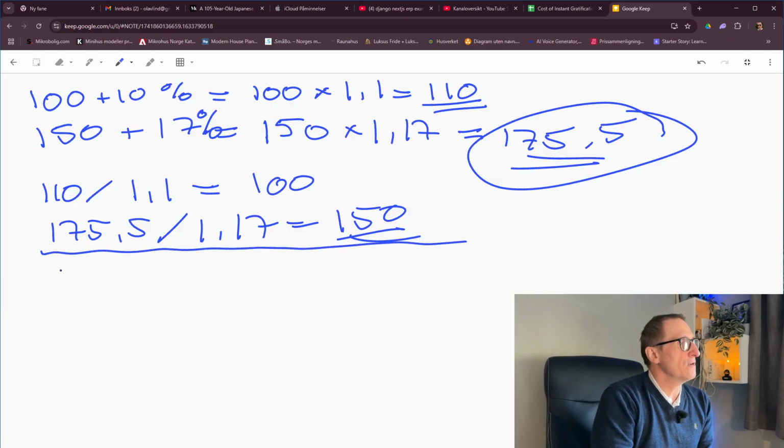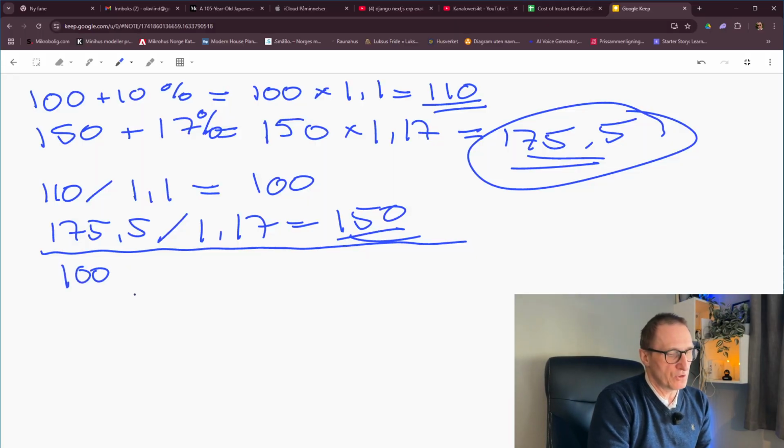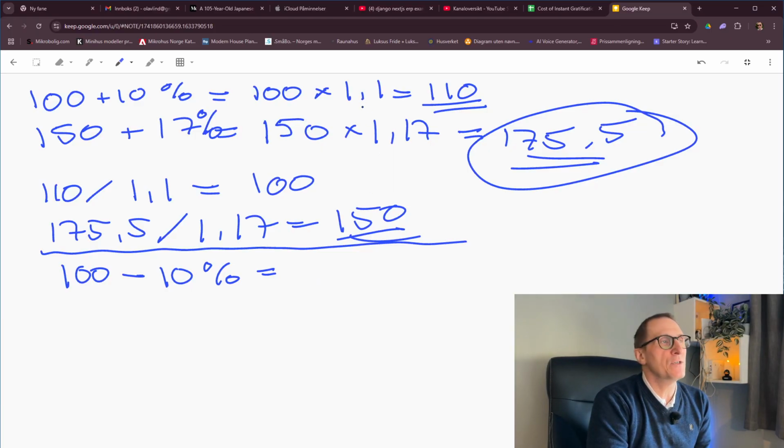Okay, if I want to know how much I will be left with if I subtract 10% from 100, minus 10%, I need to go the other way. I don't want 1.1 because that's addition. I need 1 minus 0.1.